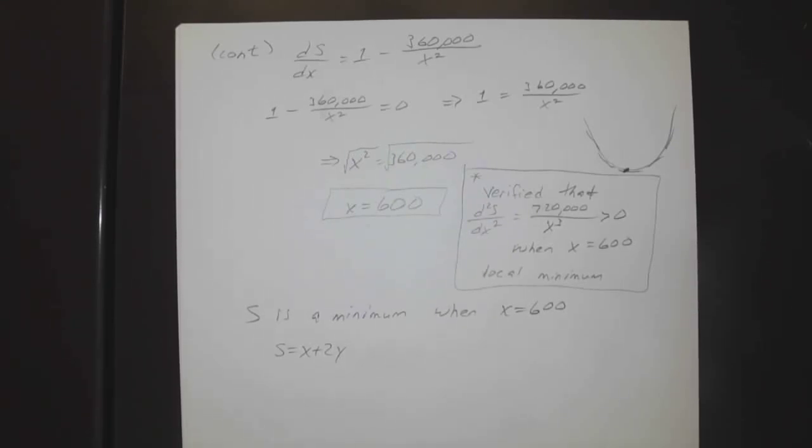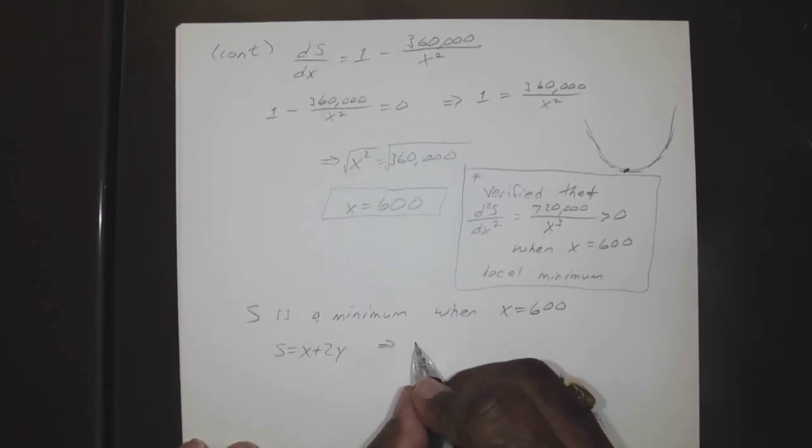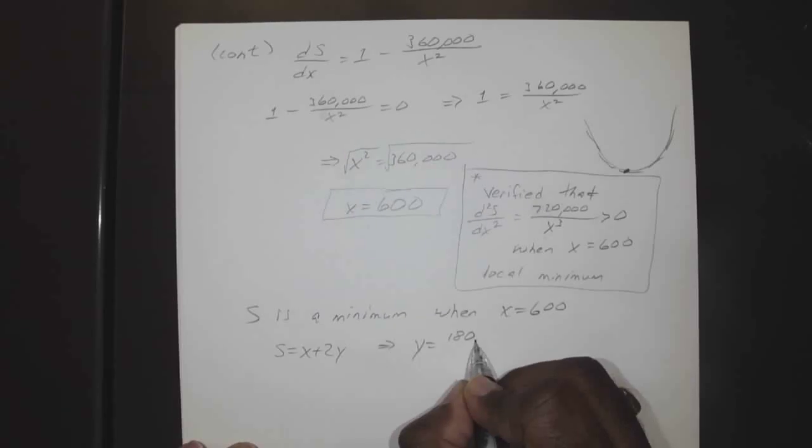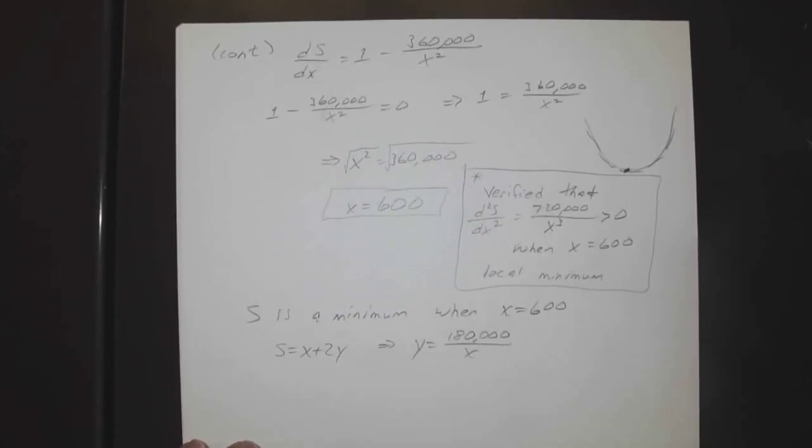So if we go ahead and solve for y, do we have a y value? Nope. Where's our y? 180,000 divided by x. Yep, 180,000 divided by x. There we go.